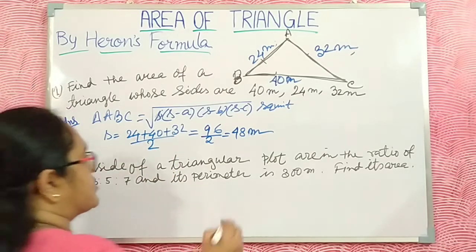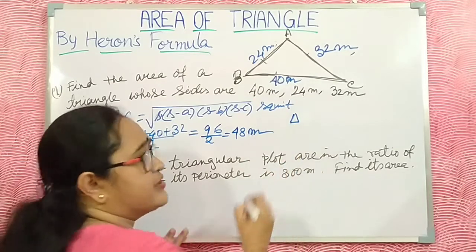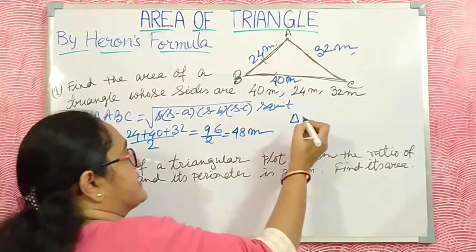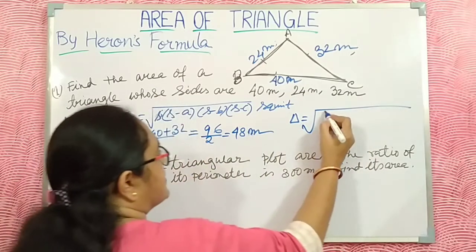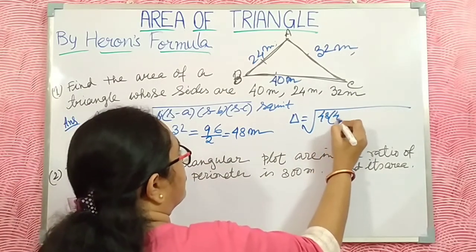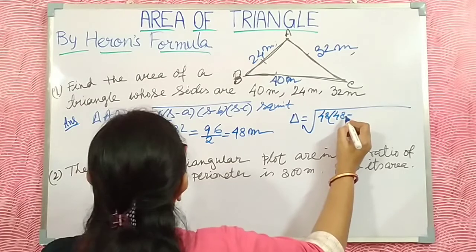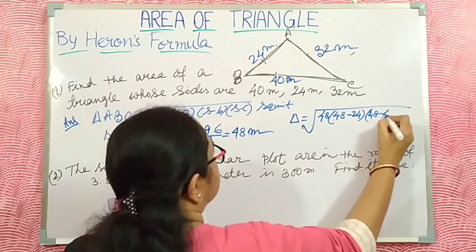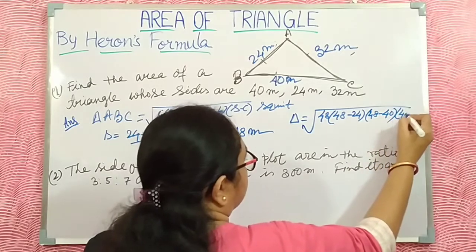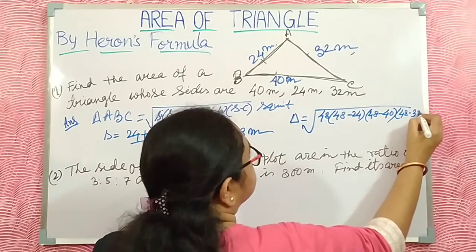Now find the area of the triangle. Here s is 48. Now 48 minus 24, 48 minus 40 and 48 minus 32.